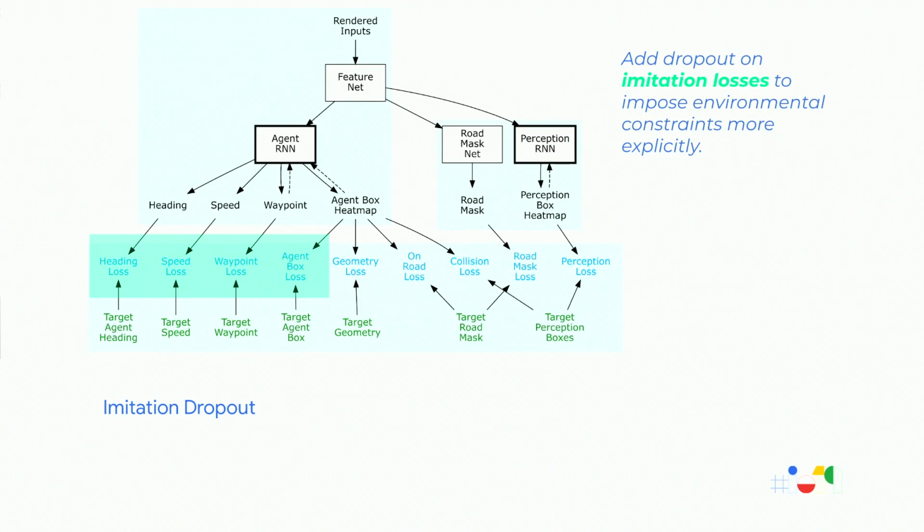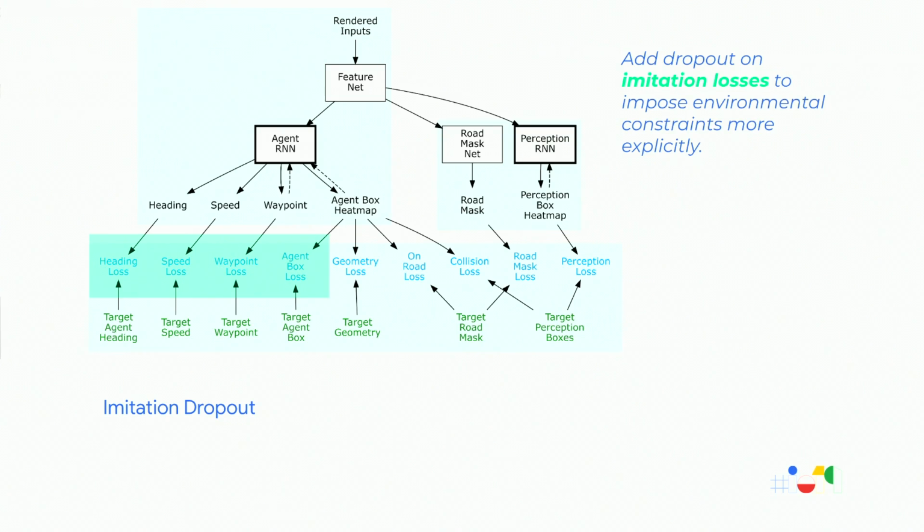Now, in order to make the net generalize better, we want to give it some freedom to explore, even when it doesn't want to imitate whatever was given in the logs. So to do that, we add an imitation dropout. What that means is that for a random subset of our training examples, we actually remove these imitation losses, and the gradients are driven entirely by the rest of the losses.